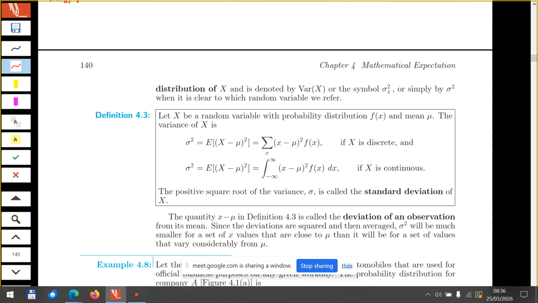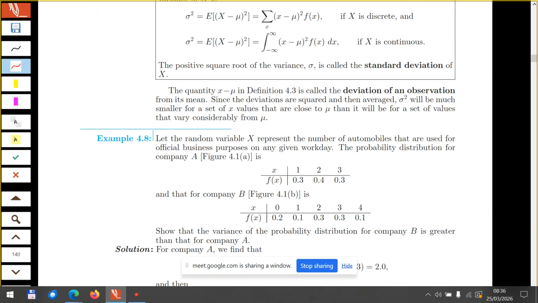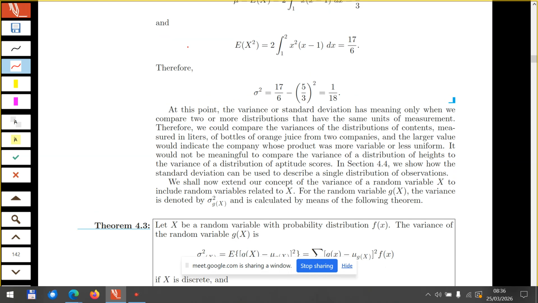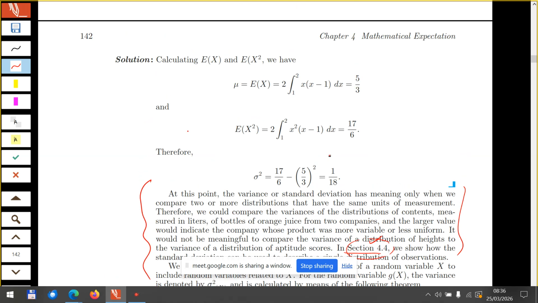You should actually read this part very carefully. I told you the crux of it, but if you read this part, it tells you that you cannot rely on this. Later on in section 4.4, we'll learn a way of dealing with this problem. We'll have to do something.